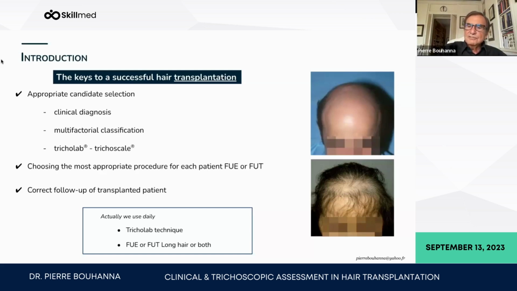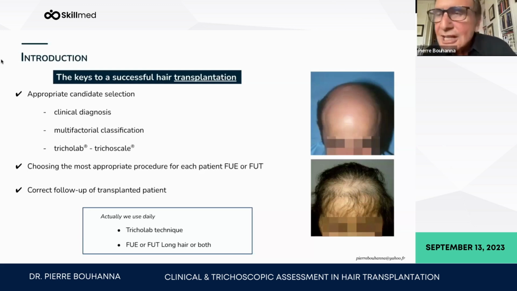In the multifactorial classification, I collect a lot of parameters. For me, it's like when you collect information before taking a trip to a city or a country. You collect all the information to make your trip a success.